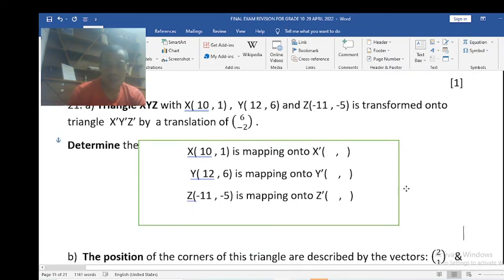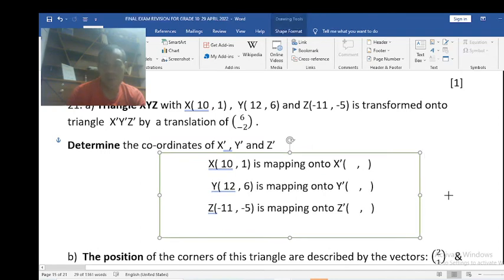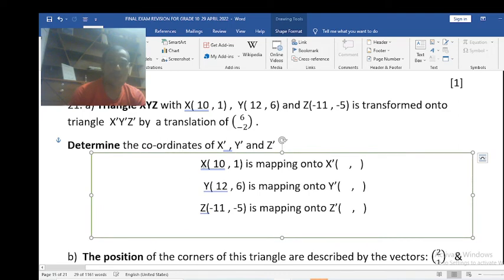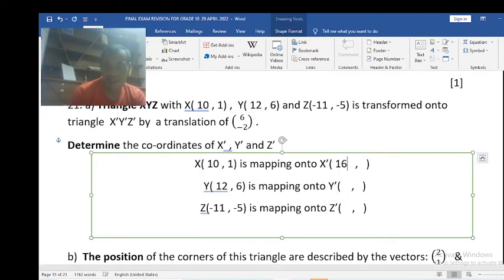Now I'm going to explain this and solve this kind of question. Each point's x and y coordinates will move 6 units to the right and 2 units down. That means you add 6 plus 10 is 16, and minus 2 plus 1 is minus 1.